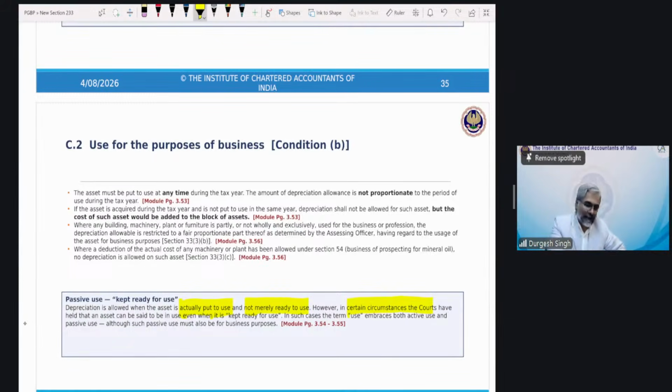Now, I'll give you an example of ready for use being equal to use. Supposing, students, there is a particular factory which requires electricity supply 24/7. You just can't have a situation where the electricity is cut off. So the SSE has purchased power generators in his factory.